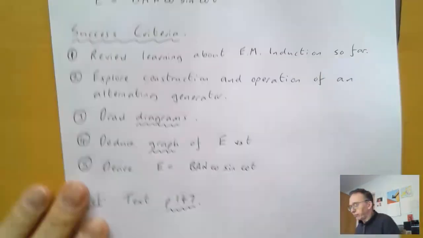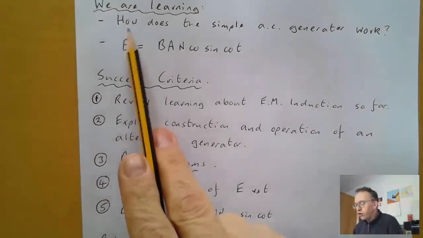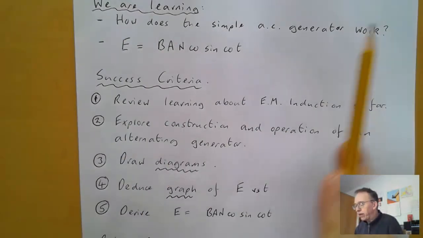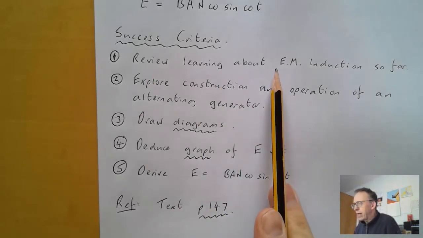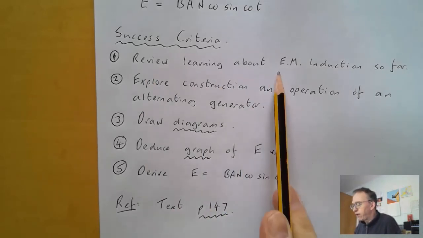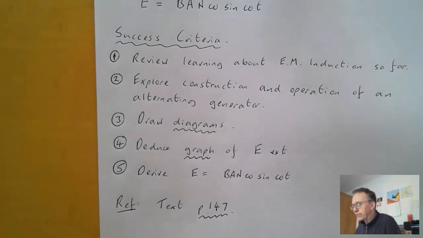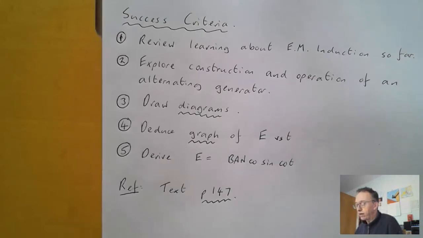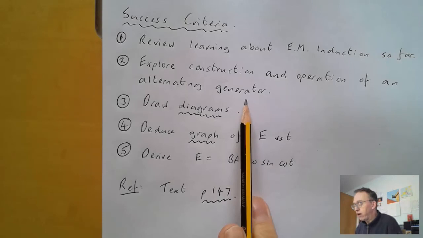Right, that was a quick review. Let's review the review. Okay, so we're aiming for how does a simple AC generator work and this equation. Right, we've reviewed what we knew about magnetic flux, flux linkage, and electromagnetic induction so far, in particular Faraday's and Lenz's law, which you should now know in words. We've looked at the construction and the operation of the simple alternating generator.